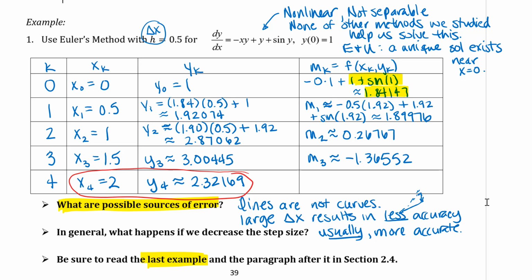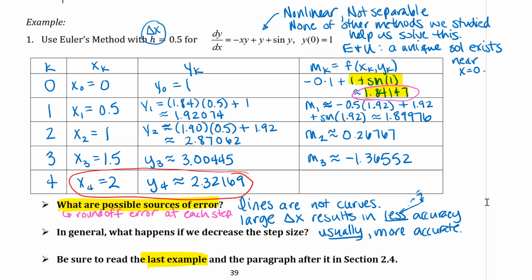Another source of error here, and I talked about this a little bit when I was writing stuff down in the table, but at every step where you've got a decimal approximation, you've lost some information depending on how many decimal places you chose to keep. So another possible source of error is round-off error at each step.